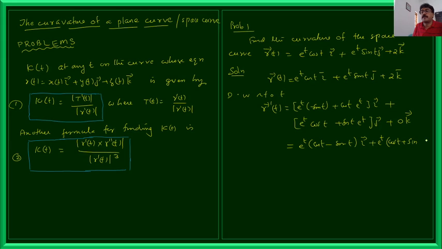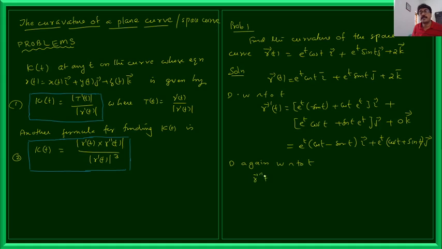There is no j term here, and there is no k component. So this is r dash of t. Now differentiate again with respect to t, you will get r double dash t.